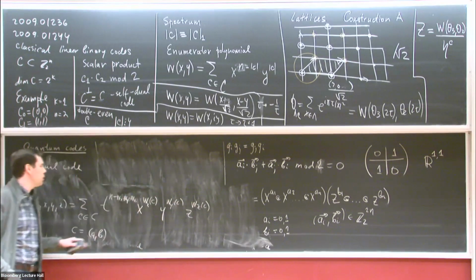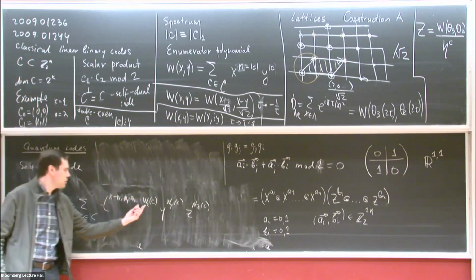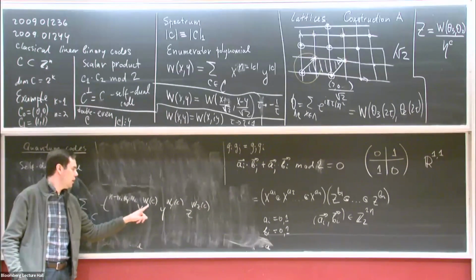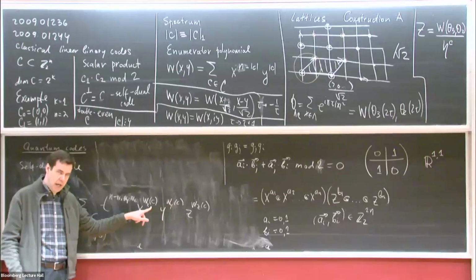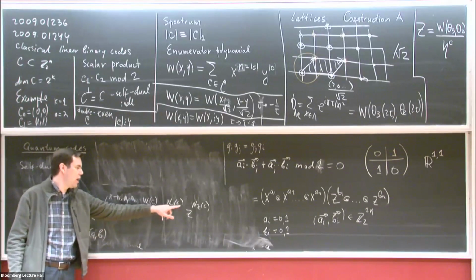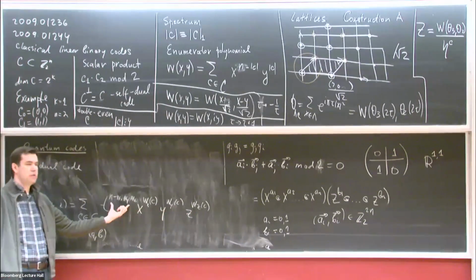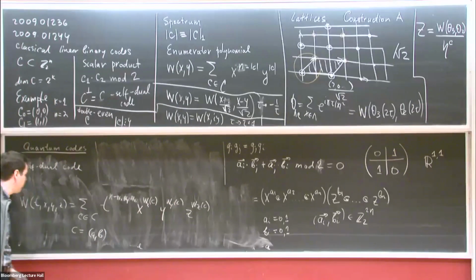It's a homogeneous polynomial of 4 variables. This is what is called the weight. This is the number of X in my code word, this is the number of Y, this is the number of Z, this is the number of zeros. And I have a homogeneous polynomial of 4 variables.